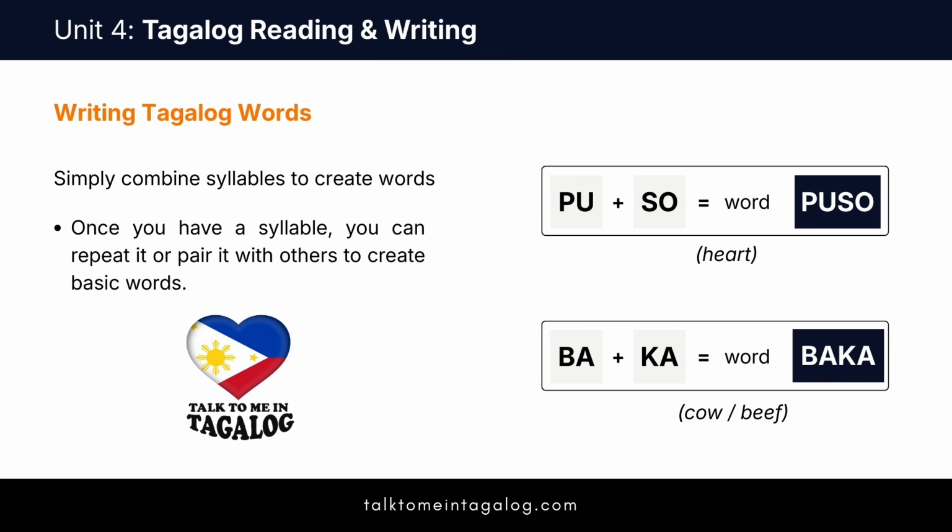For example, the syllables pu and so form the word puso, which means heart in English. Another example is ba plus ka, which makes baka, meaning cow, or beef.